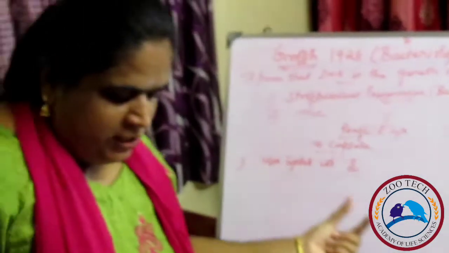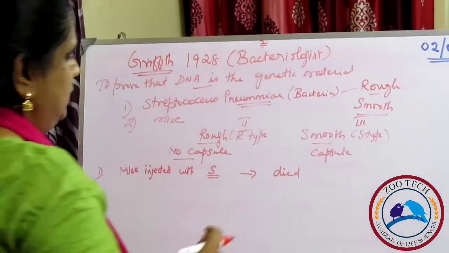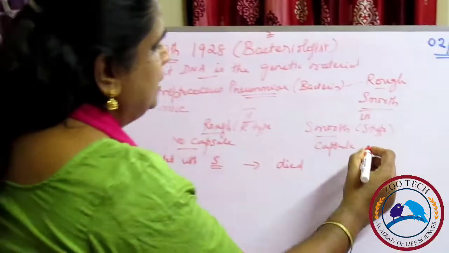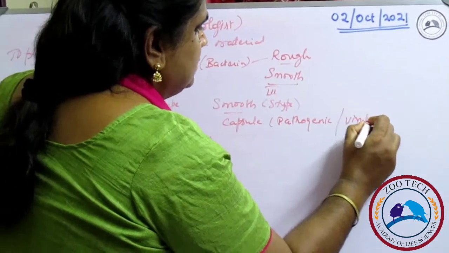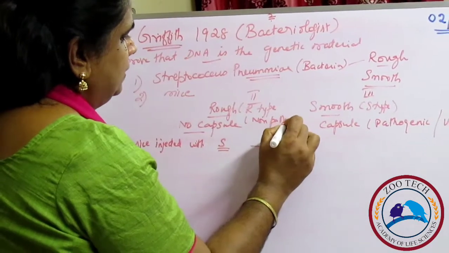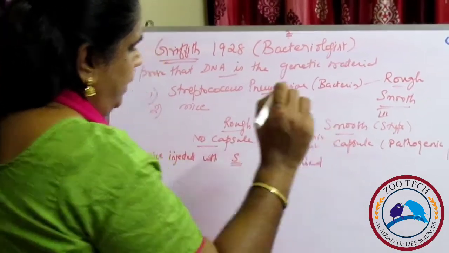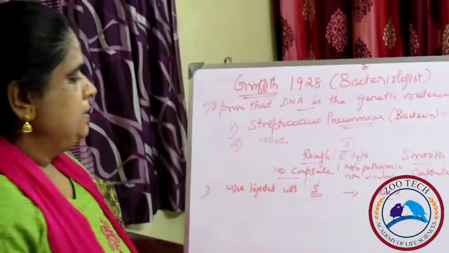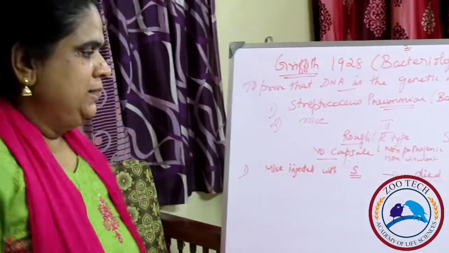When the mice were injected with the S type, they died, because the smooth are pathogenic and virulent, and the rough are non-pathogenic and non-virulent. So when the mice were injected with this S type, the mice died because it is smooth, pathogenic and virulent.